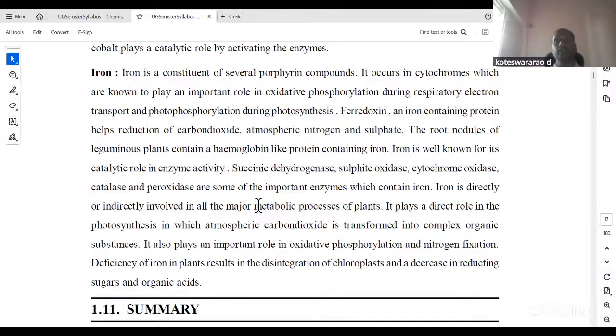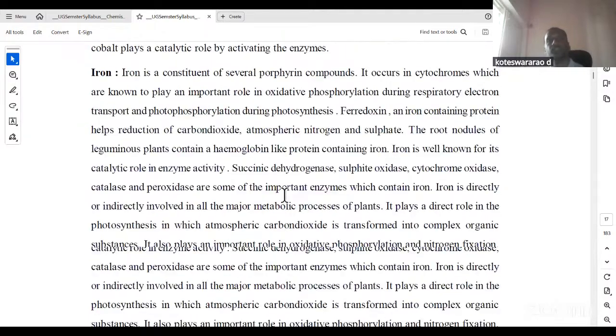Deficiency of iron in plants results in the disintegration of chloroplasts and a decrease in reducing sugars and organic acids. Okay, these are the micronutrients.